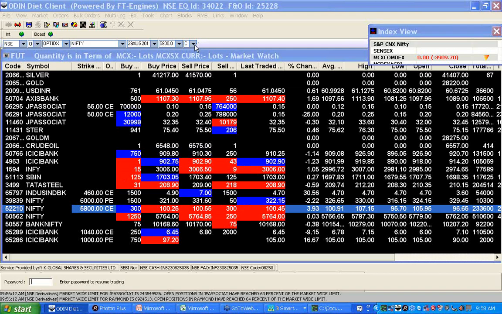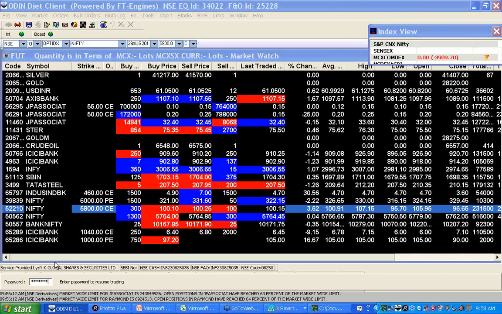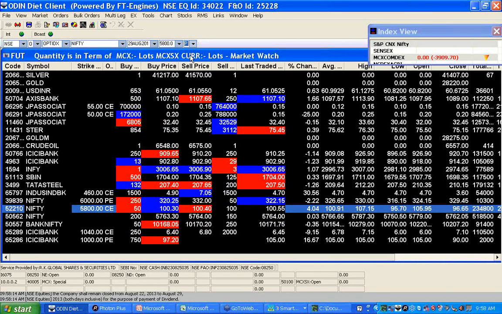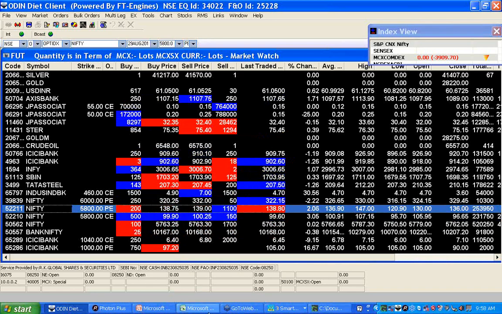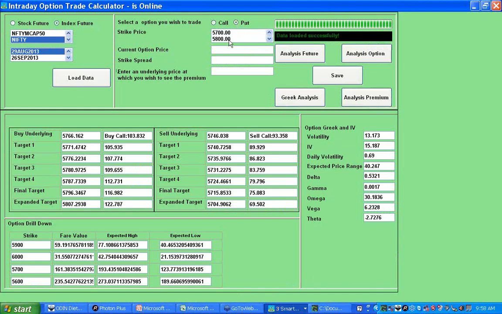So I am taking the 5,800 put option here, which is at 139. So 39 rupees it is quoting now.